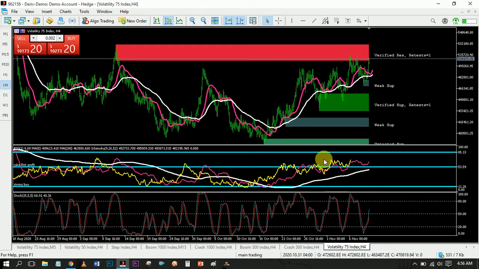So it's going to help you to be able to filter on these time frames because of their inconsistency and because of their noise. It will help you to filter them properly.